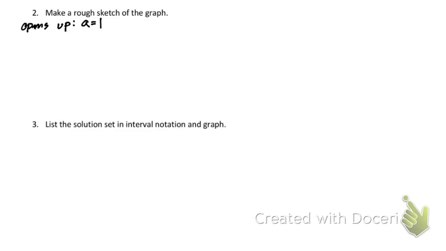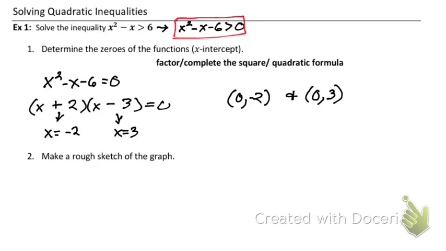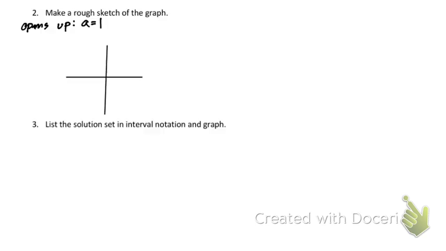All right, now to make our rough sketch, we're going to plot our x-intercepts, I should say, which are at negative 2 and 3. So let's go ahead and we'll go negative 1, negative 2, positive 1, positive 2, positive 3. So at negative 2 and positive 3, we have our 2 points that we just came up with.